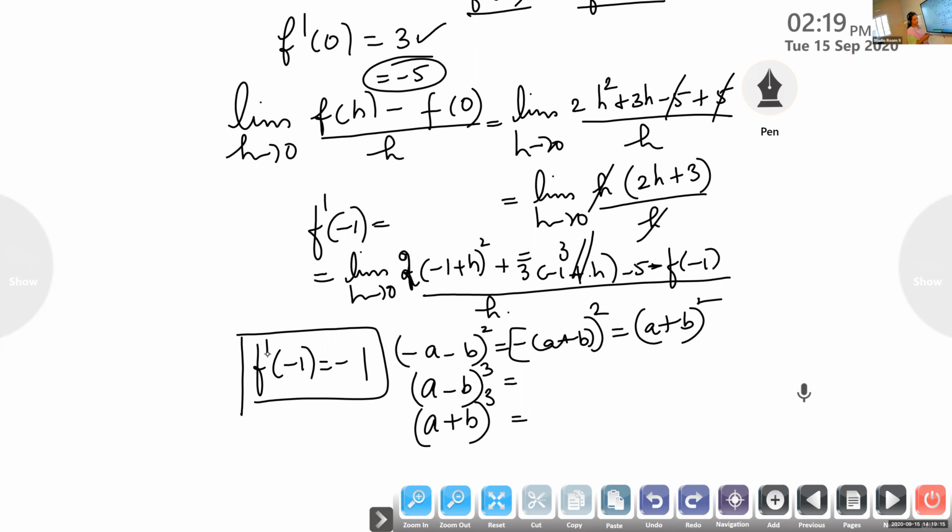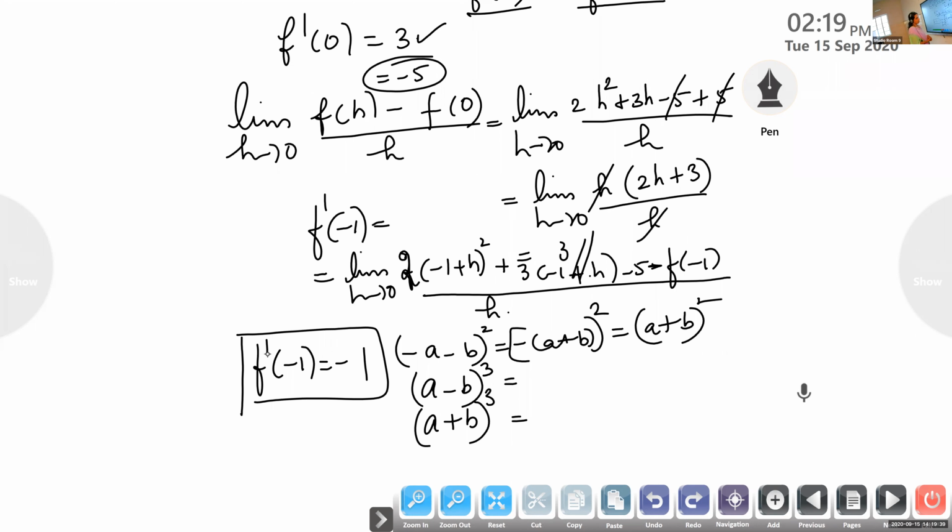So therefore what is f dash of 0 plus 3 into f dash of minus 1? It is 0.